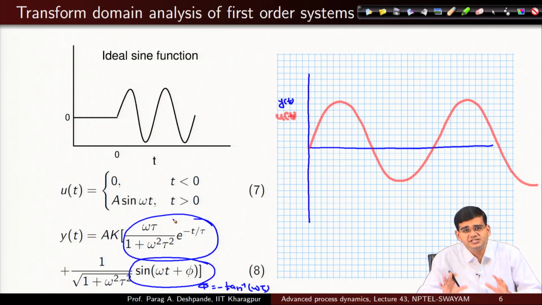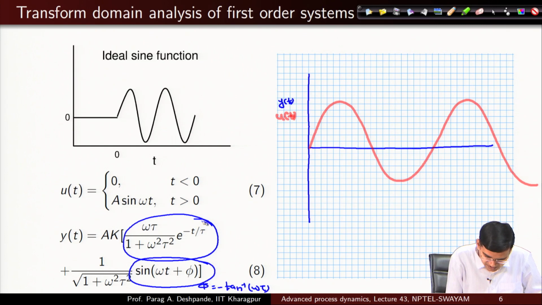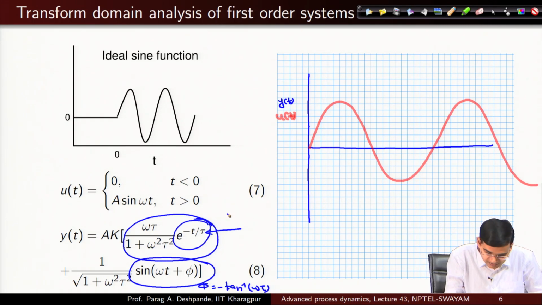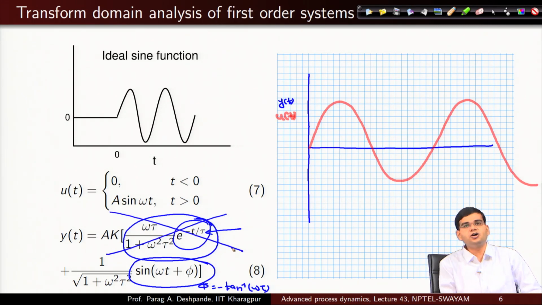but this is also accompanied with another term, which means that there would be some disturbance apart from your sinusoidal nature, but that disturbance or that behavior has e to the power minus t by tau, which means that there would be initial transients, and at very large intervals of time, when the effect of minus t by tau will die down, this part will not be there at all.